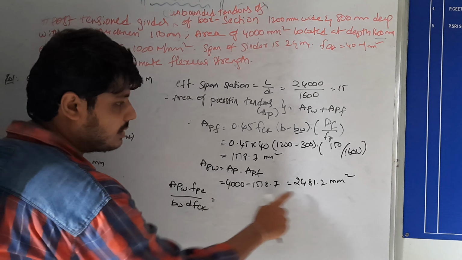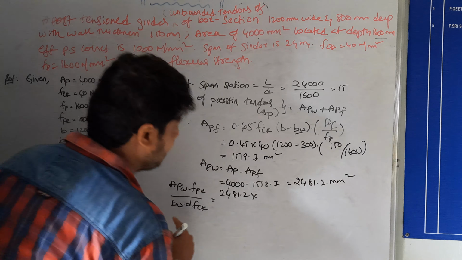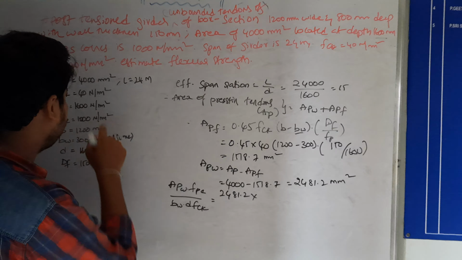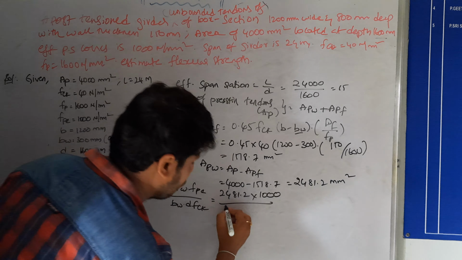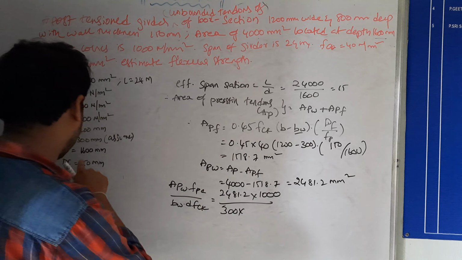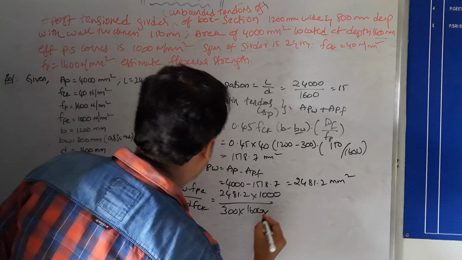The value of APW is 2481.2 into FPE, where FPE is nothing but the losses of pre-stress 1000, by BW 300 into D 1600 into FCK 40.